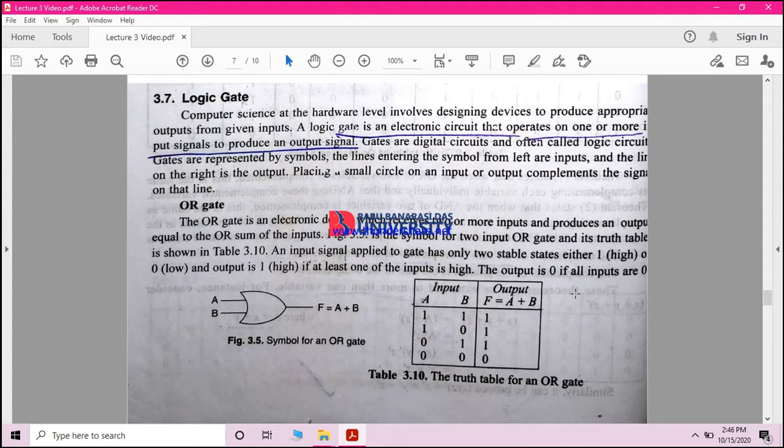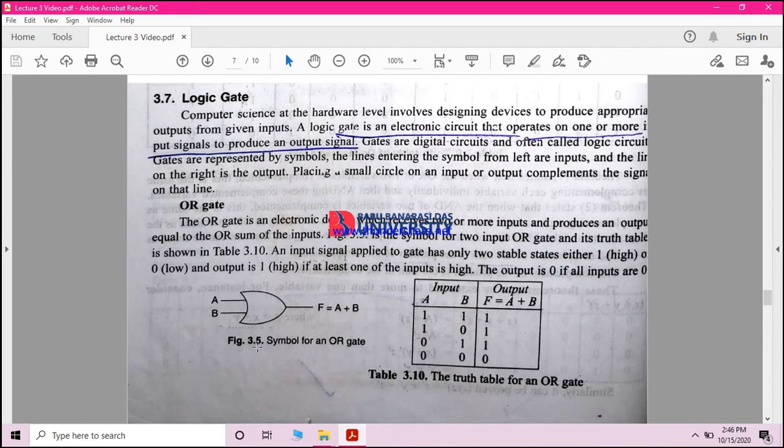The symbol for the two-input OR gate and its truth table are shown in the following figure. An input signal applied to the gate has only two stable states, either 0 or 1, and the output is high if at least one of the inputs is high. The output is 0 when both inputs are 0.